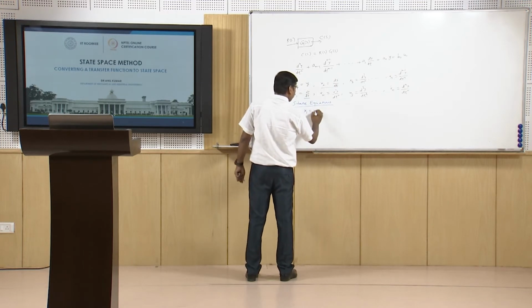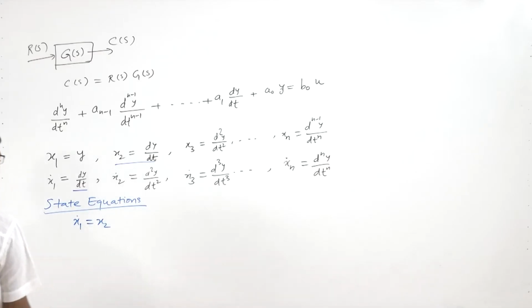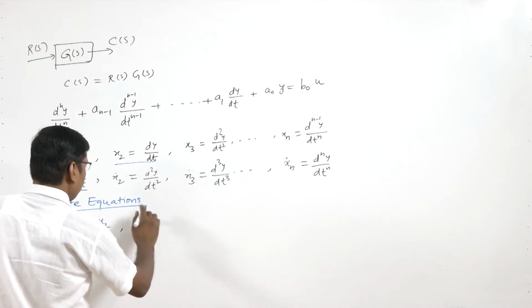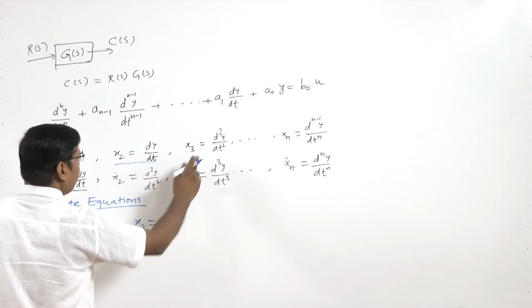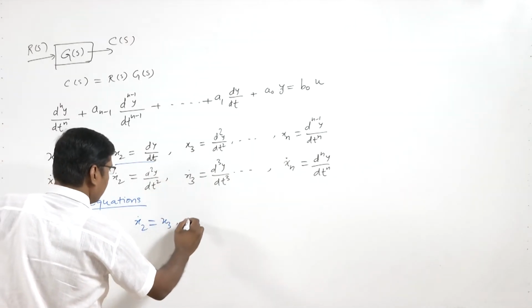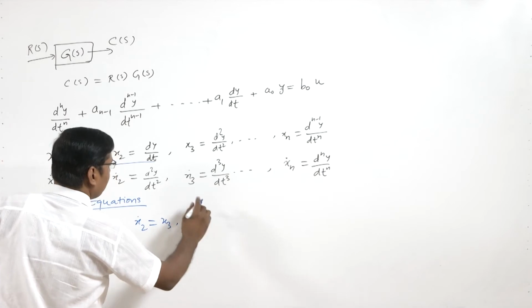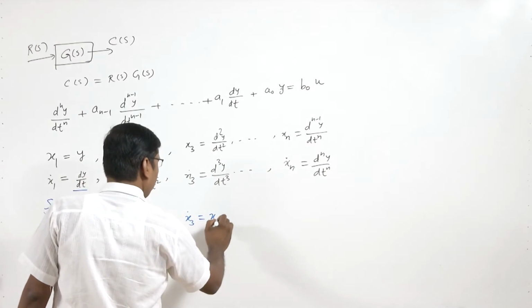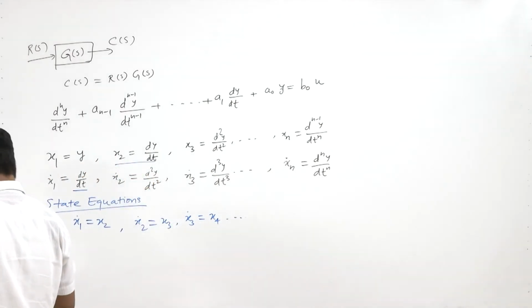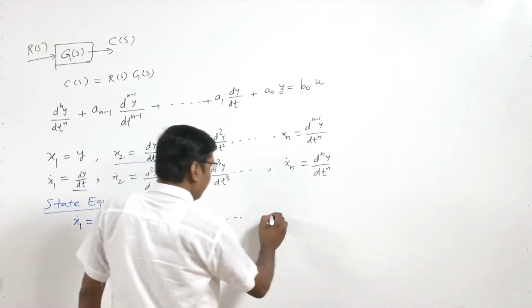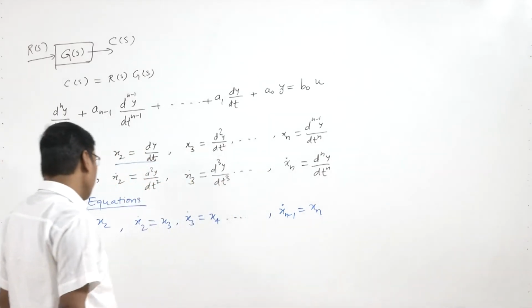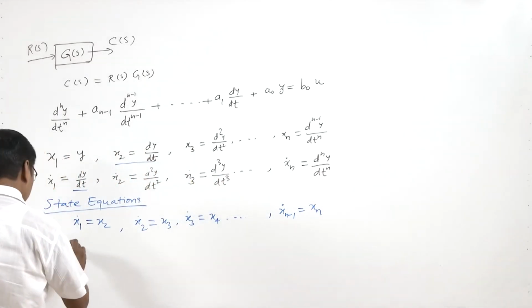So we can write x1 dot equal to x2, and x2 dot equal to x3, x3 dot equal to x4, and x_(n-1) dot will be xn.